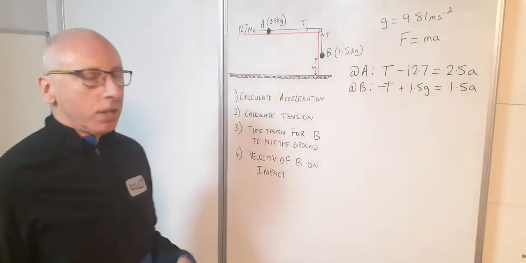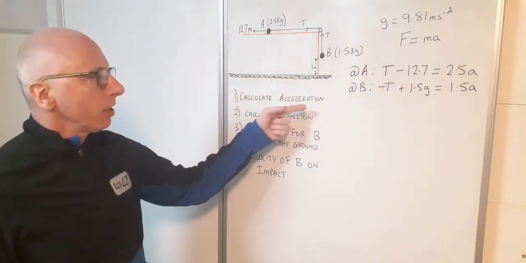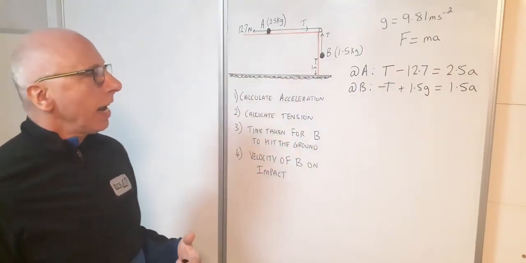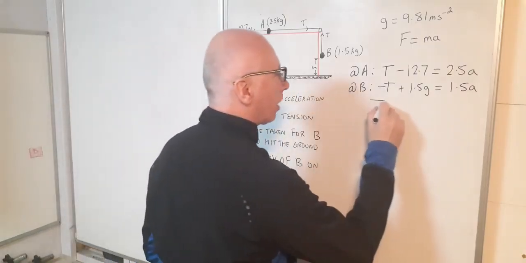Now we can calculate tension and acceleration by using a system of two equations with two unknowns, and we'll use the simultaneous equation technique.